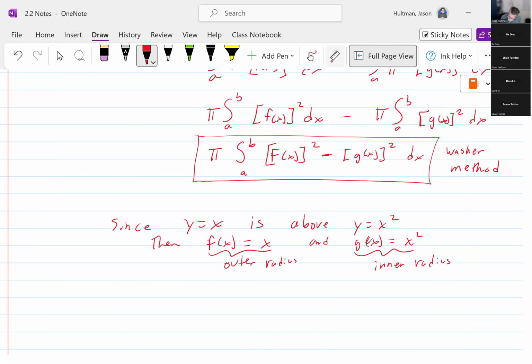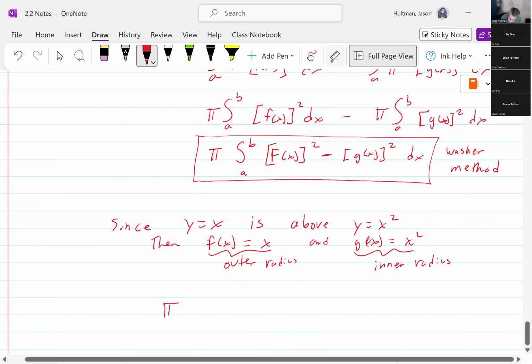Okay, so we're going to use the formula that we derived, and we say that's pi times the integral, our limits went from 0 to 1 with respect to x, of x squared minus x squared squared dx.